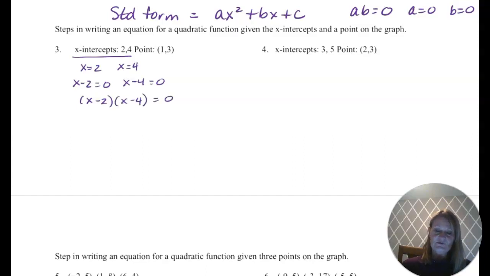Now, since we're finding the equation, a couple of things are going to happen. One is I could have, before I begin my problem, factored out a number. In other words, I could have had, let's say, 2x squared plus 4x plus 2. And so I could have factored out a 2 first. So what we need to know is, did we factor out a number before we got started? So we're going to put an A out in front.